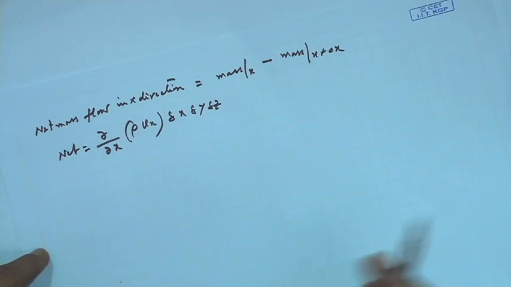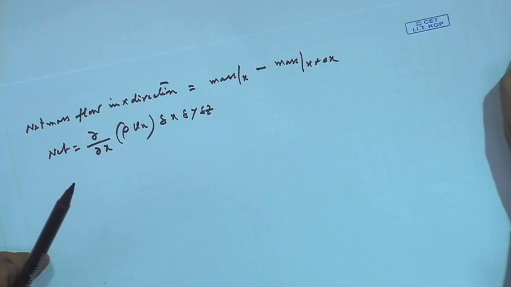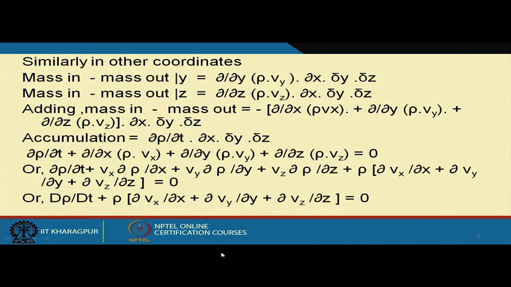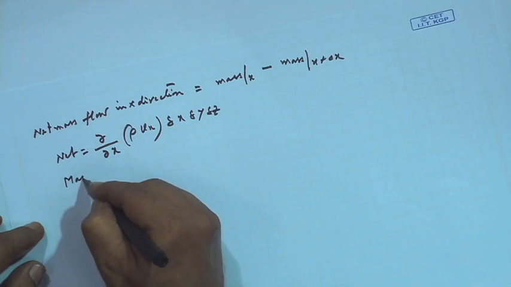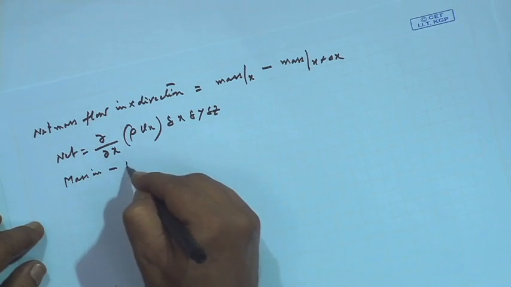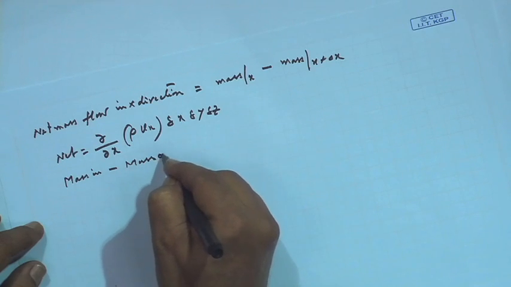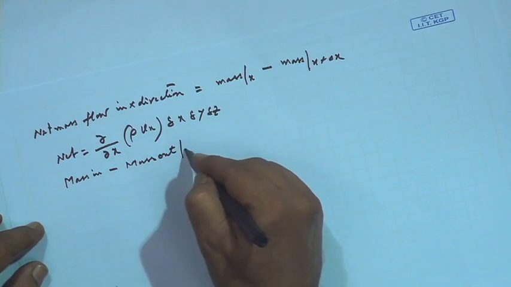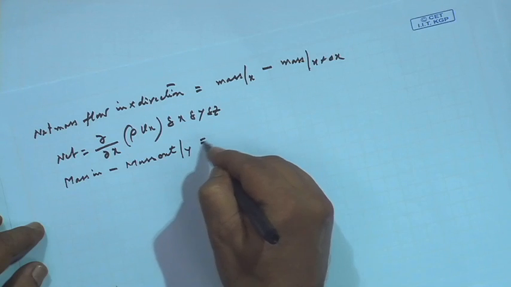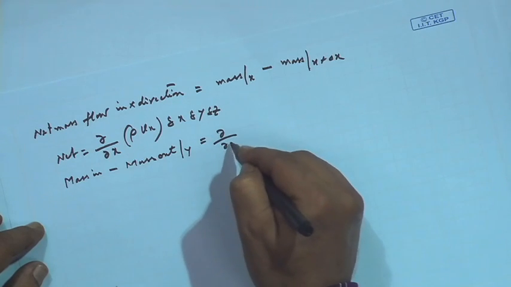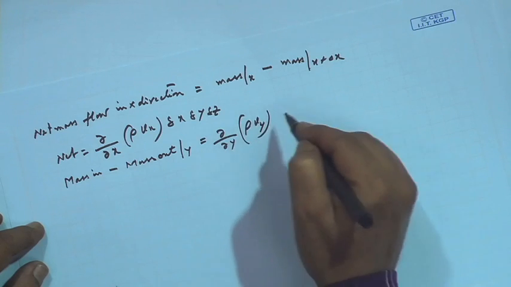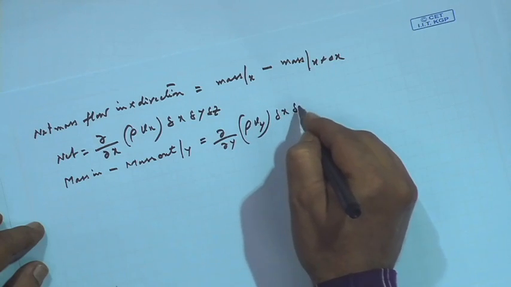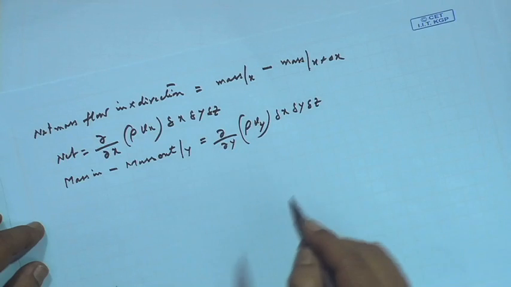Then if we look similarly at the other two coordinates, that is y and z, mass in minus mass out at the face or in the direction y, we can in a similar way write del del y of rho Vy into del x del y del z, right.